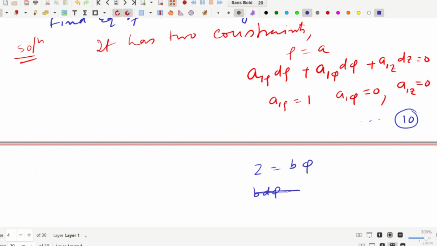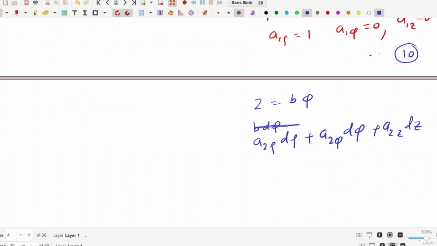I will write in the same notation a2 rho d rho plus a2 phi d phi plus a2 z dz equal to 0.